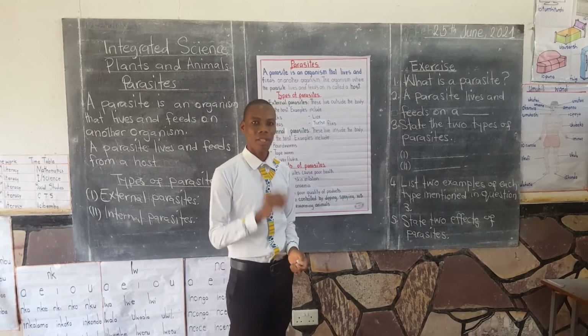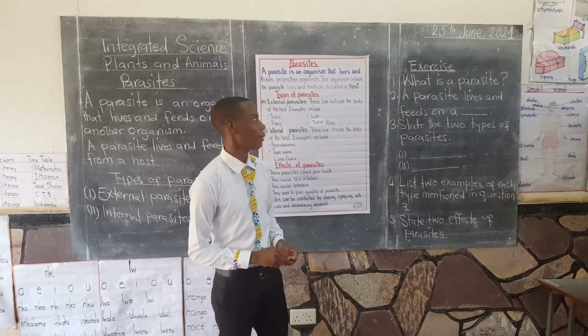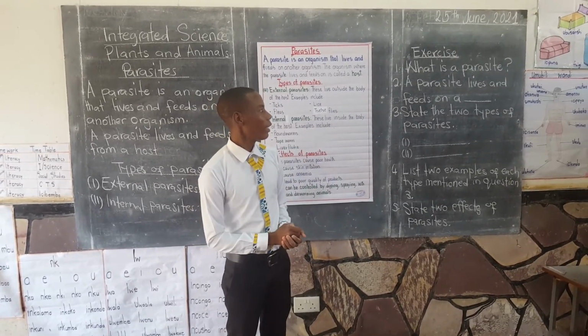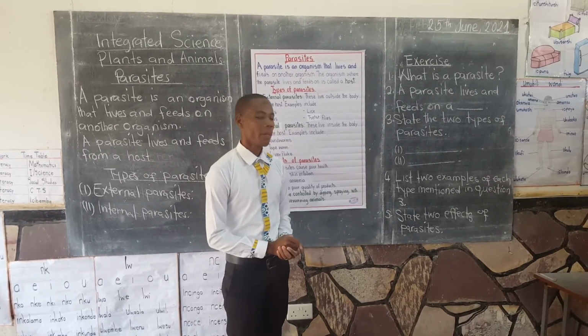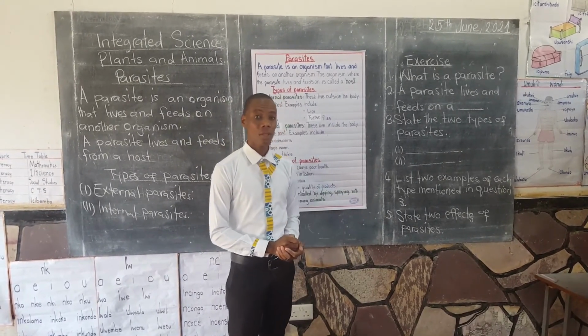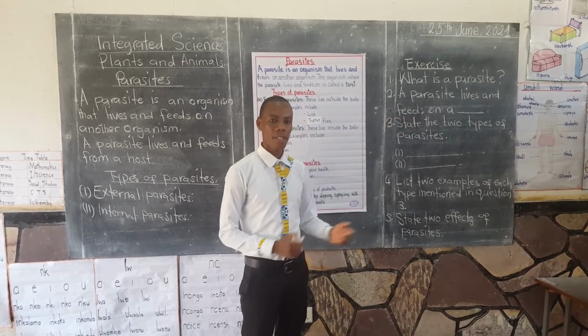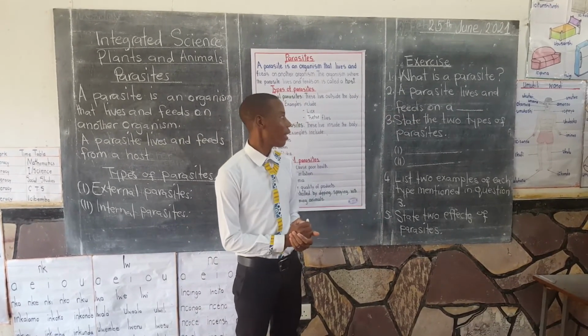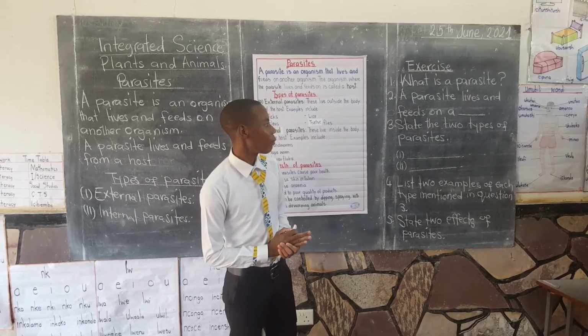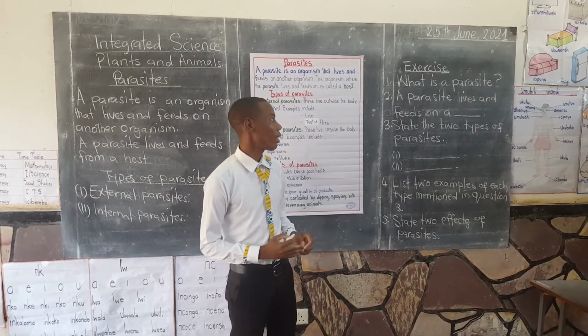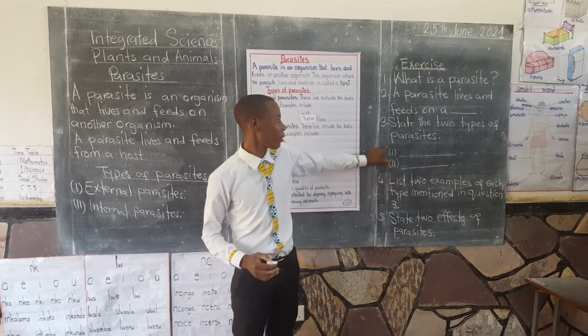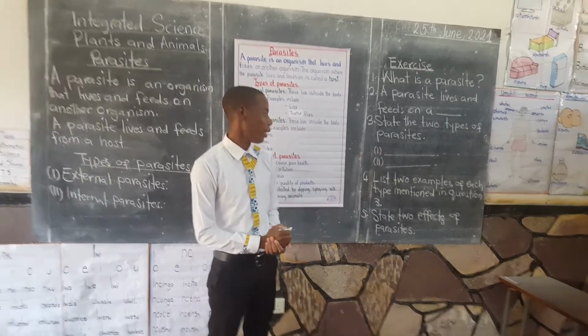So you are going to explain what a parasite is. A parasite lives and feeds on a dash. So you are going to state what a parasite feeds on, where it lives. Then state the 2 types of parasites. We did mention that there are 2 types of parasites.